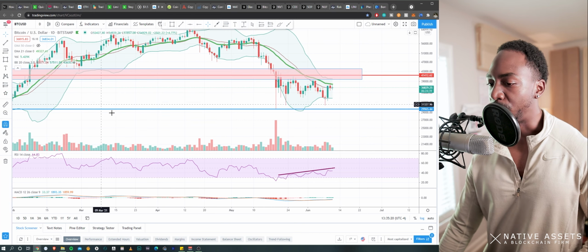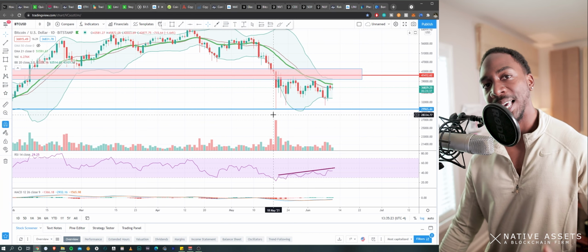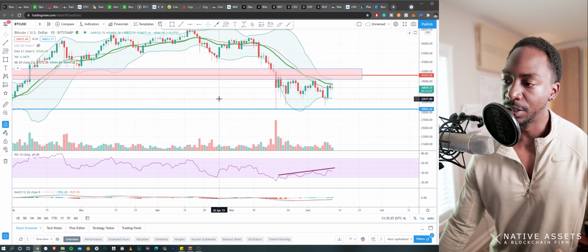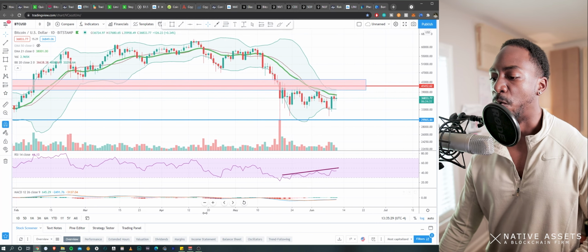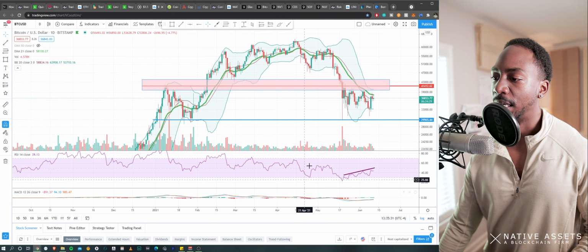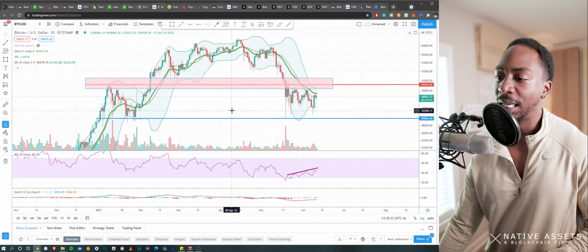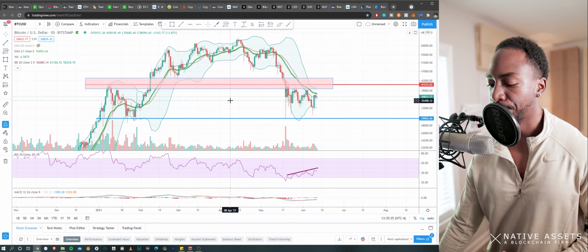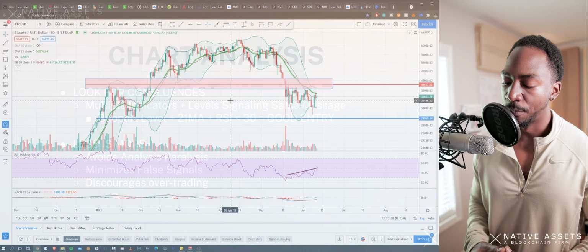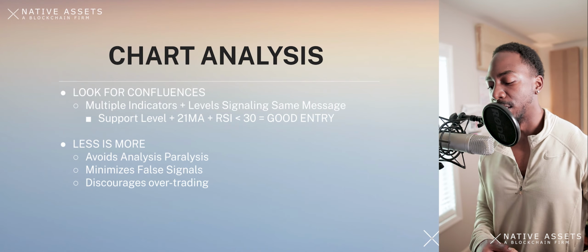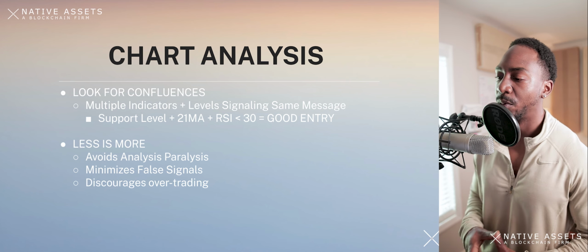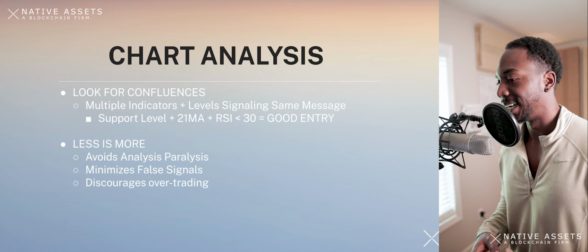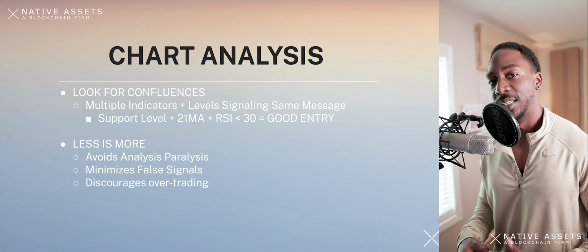And then, if you follow my point, you just begin to bring in these different indicators so we can give you a more complete demonstration of what is happening from a price action standpoint, but you do not need to overly complicate it. Okay, so less is more because it's going to help you avoid analysis paralysis. It'll minimize the amount of false signals that you get, and it will discourage the potential propensity to overtrade.